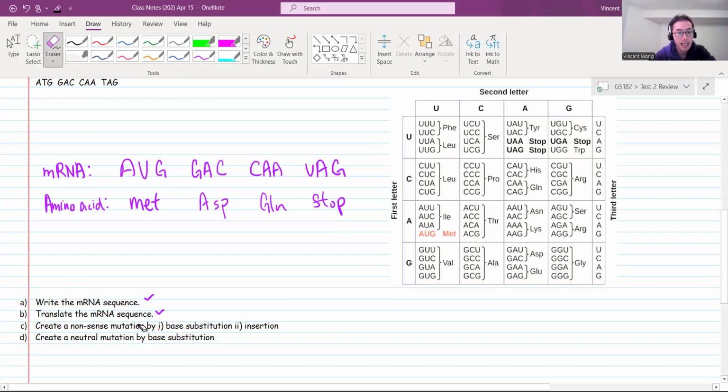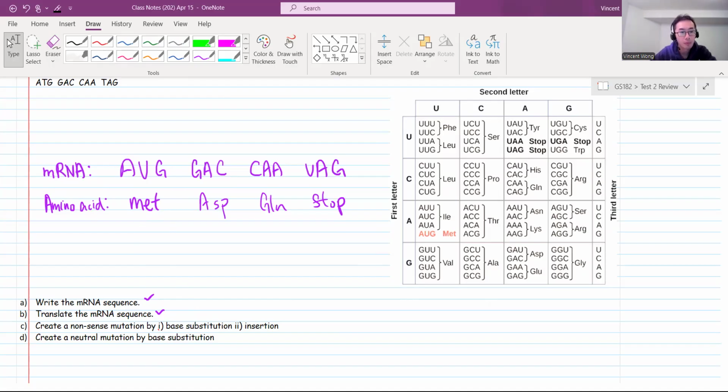Create a nonsense mutation by either base substitution or insertion. This question was pretty well done on the quiz, but let's just go through it again. Base substitution means I can only replace the nucleotide. I'm not putting in extra things. I'm not taking them out.